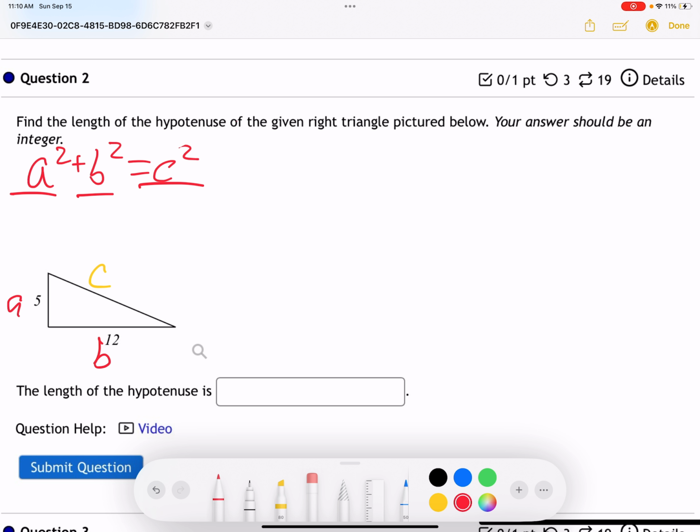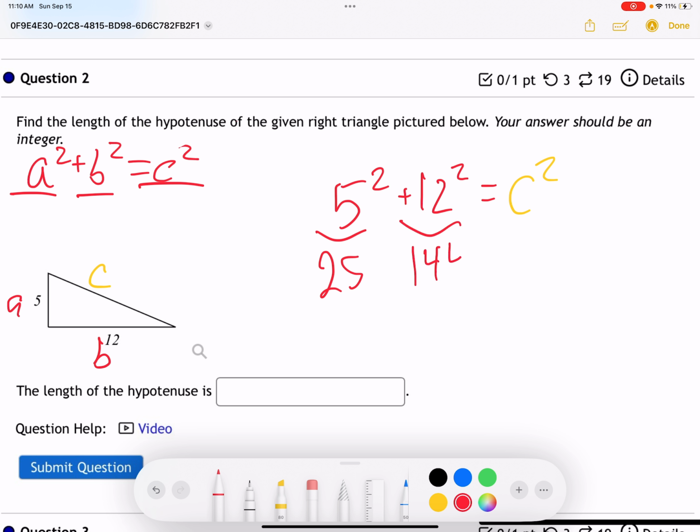A is 5, so we'll do 5 squared, plus b is 12, 12 squared, equals c squared. 5 squared is 25. 12 squared is 144, and we're adding them together. The total is 169. So we'll get now c squared equals 169.